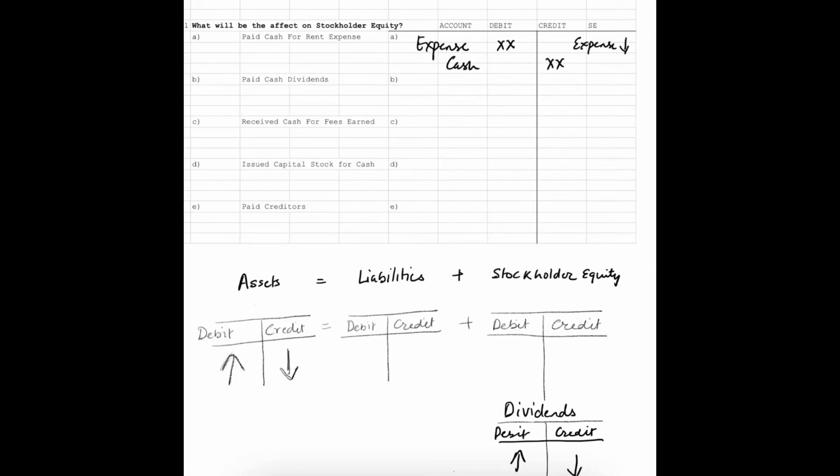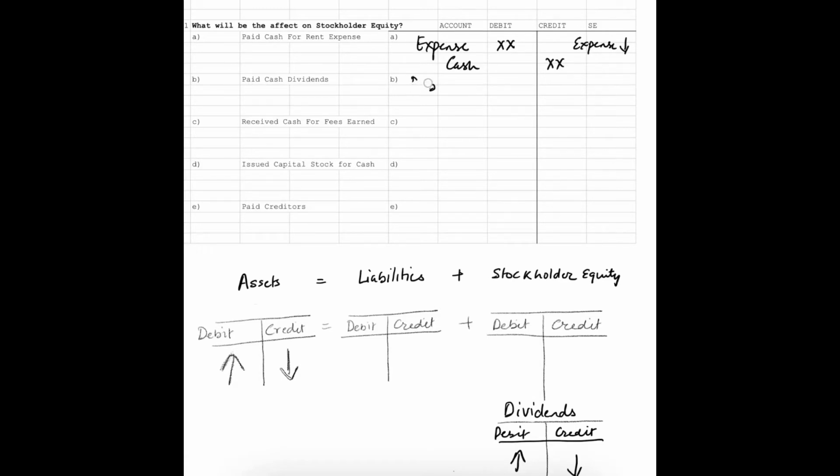that's why the dividends are debited, because all the decreases in stockholder equity are entered on the debit side, all the increases in stockholder equity are entered on the credit side, and dividends reduce the stockholder equity, so it's a debit entry.